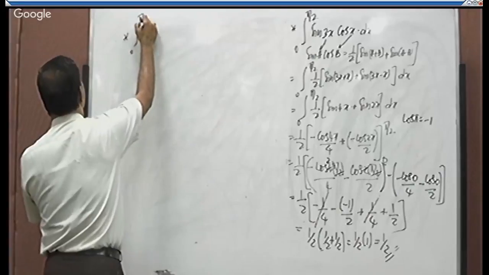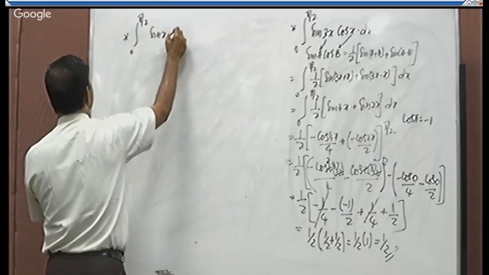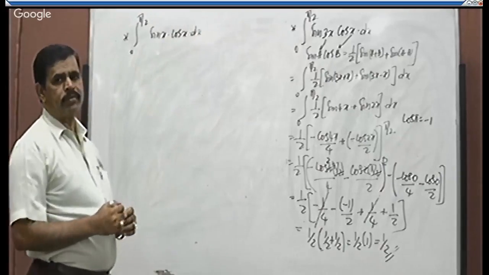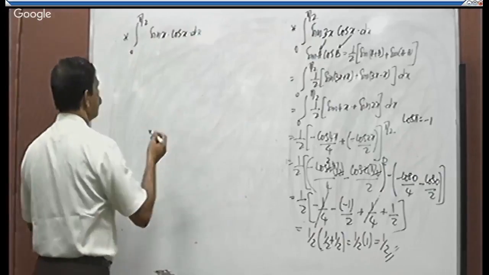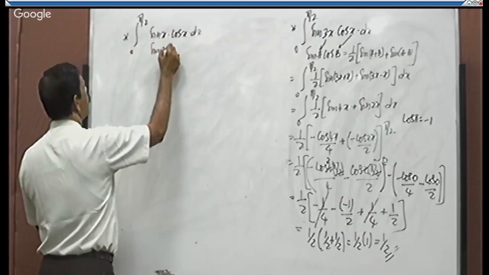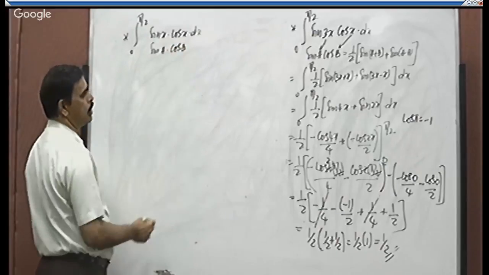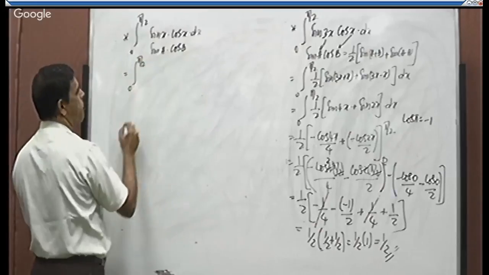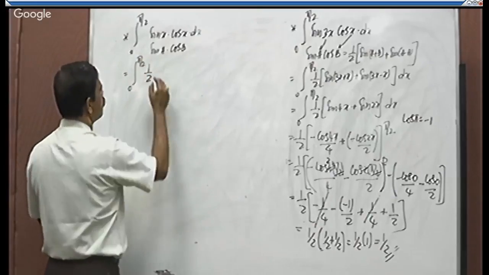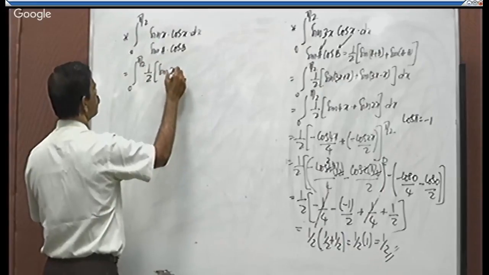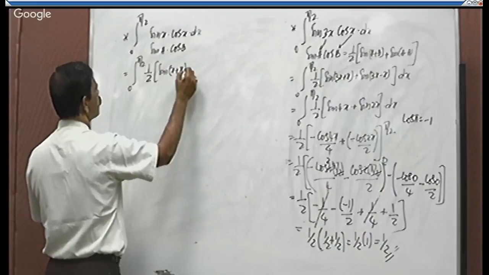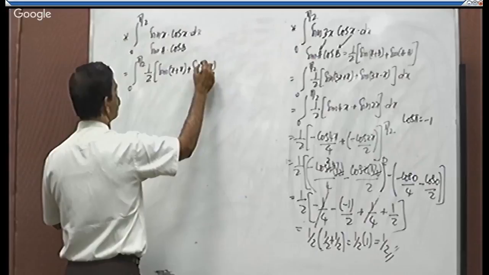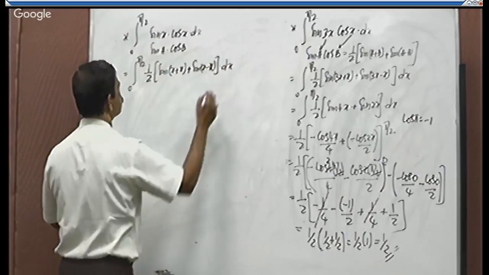Integral from zero to pi by 2 of sin x into cos x dx. You treat it as sin A into cos B, or cos A into sin B. Use the same formula. It becomes 0 to pi by 2, 1 by 2 into sin of A plus B, x plus x, plus sin of A minus B, x minus x, into dx.